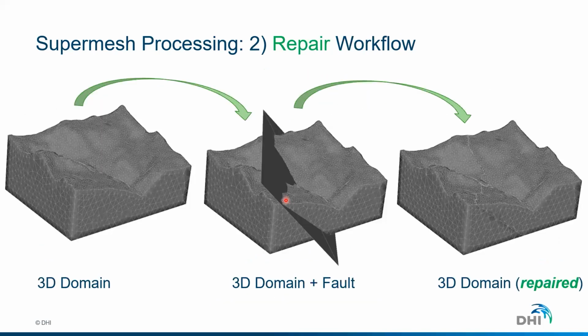The other workflow is called Supermesh repair. And as the name says, it repairs improper 3D data sets. To make it very simple, I have the example of a box. The example that I will show later in the demonstration is a plane. The plane is extended outside the domain.